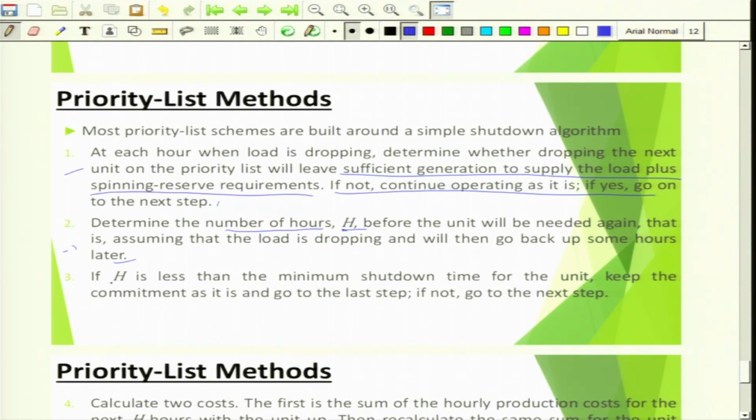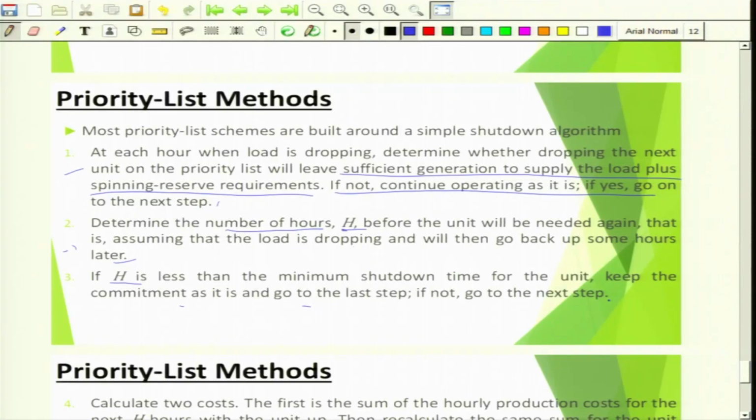Then if the number of hours is less than the minimum shutdown time for the unit, keep the commitment as it is and go to the last step; if not, go to the next step. That means though you are allowed to turn it off, the load is increasing again, and the unit has a constraint: it needs to be switched off for a specific time. There is some time before which it cannot be turned on, the minimum shutdown time basically, right?